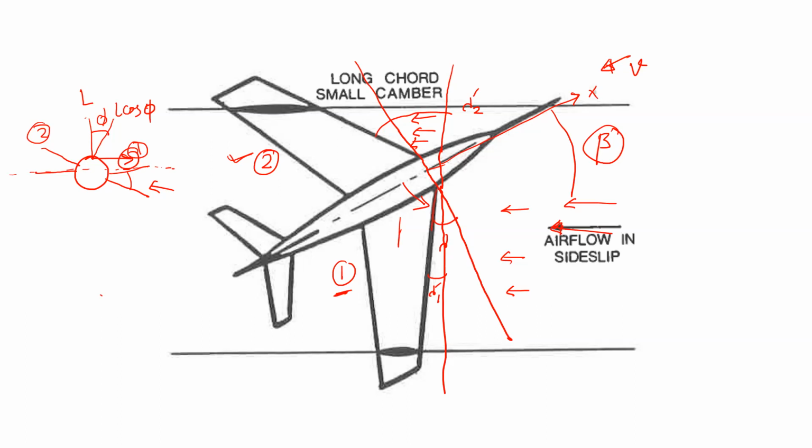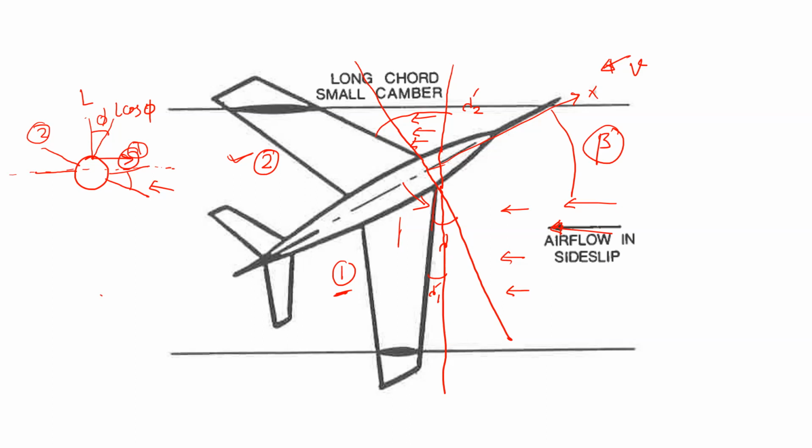The effect of dihedral and sweep back is independent. It means it will always act, whether it is high wing, mid wing, or low wing, whatever the placement is, these two effects will always act independently. Okay, sir. Yeah, it does not depend on where the wing is placed.